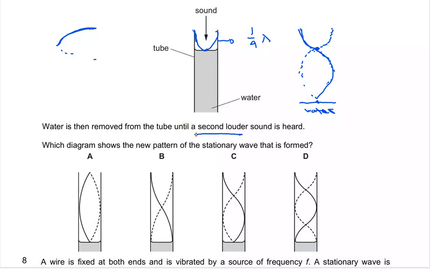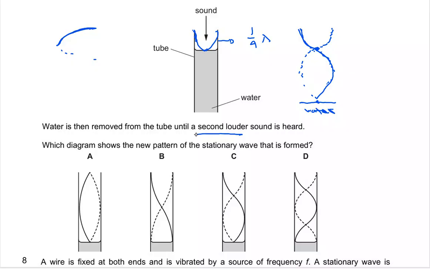It refers to the second loud sound, and then if the third loud sound, you just add a third loud sound, the water will decrease again, and then it will create another loop.